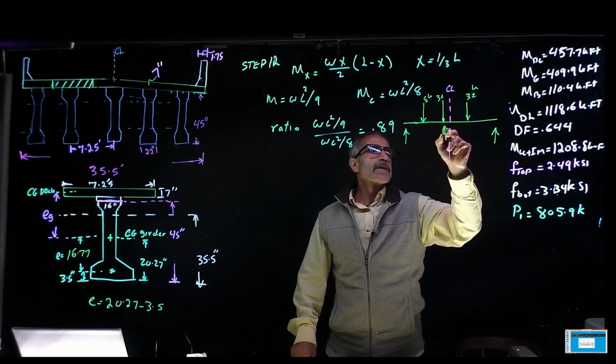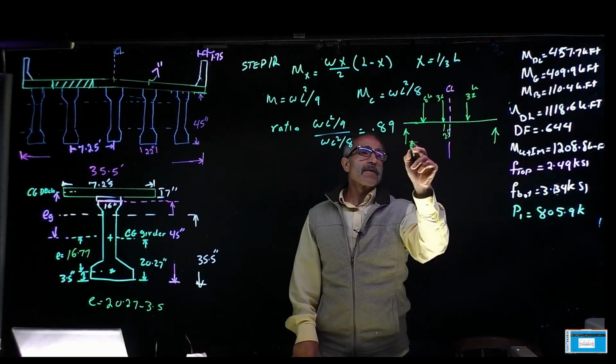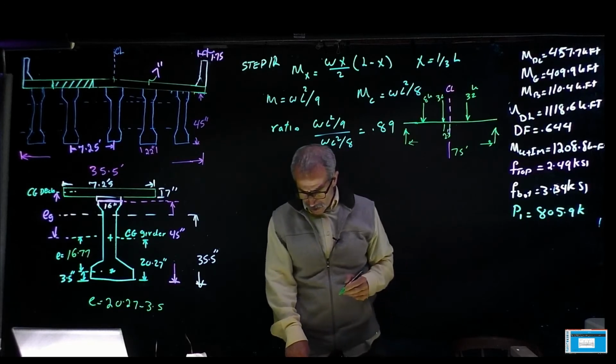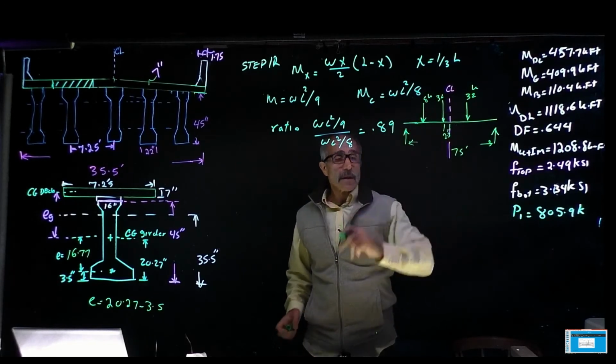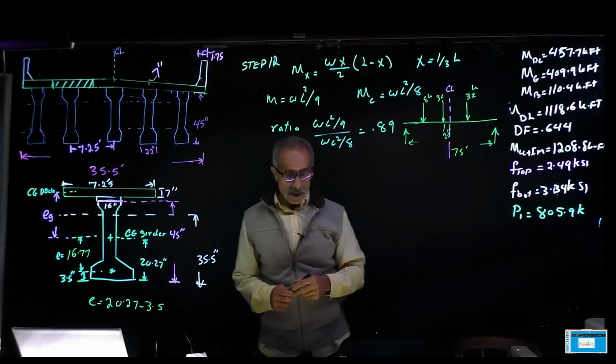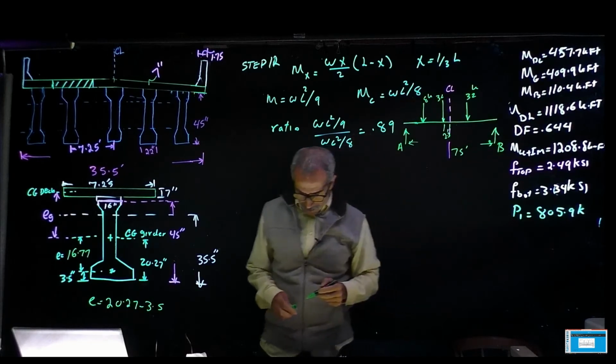And we said this distance was 2 foot 4 inches, 2.3. And this whole thing is 75 feet. We know that. And these are 14 between each set of wheels. And we have RA, RB. Let's call this A and call this B.